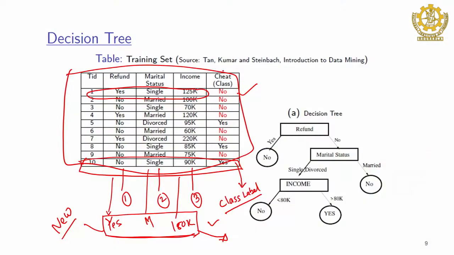You have to make a relationship between the attribute class level and all the other attributes of the objects. Let us say we have a single attribute, and then we have to find the relationship. If refund is yes, then cheat is no, he is not a cheat. If the refund is no, then cheat is yes.